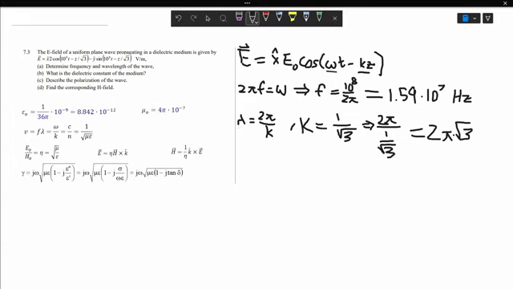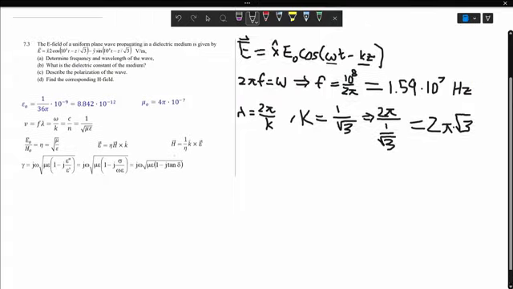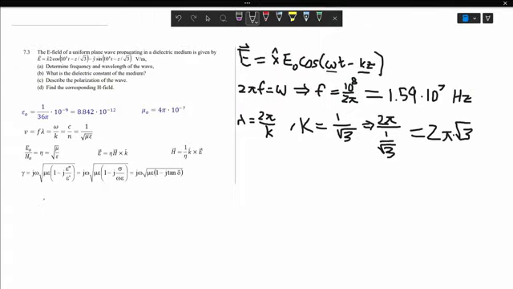Now, the second part asks us to define the dielectric constant of the medium. So looking at our formula sheet here on the left, we have solved for f and lambda. We need to find n, which is the index of refraction. So we're going to end up writing f times lambda is equal to c over n.